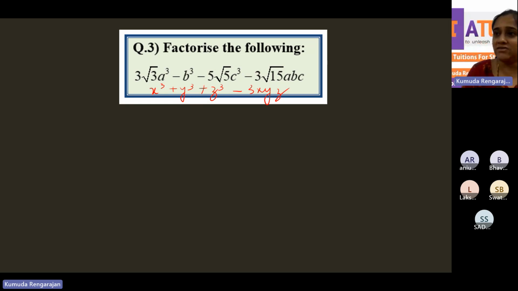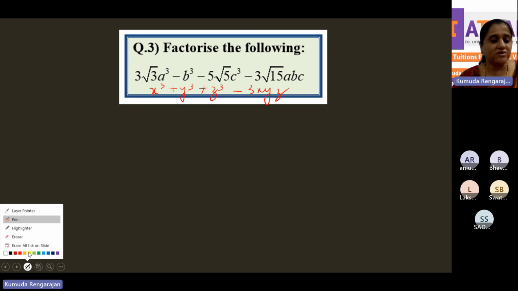Just because it is minus here, you should not write x cubed minus y cubed minus z cubed minus 3xyz. No, no, no. The identity will not change according to the expression. The identity is the same with the signs. You must present the given expression perfectly in the form.